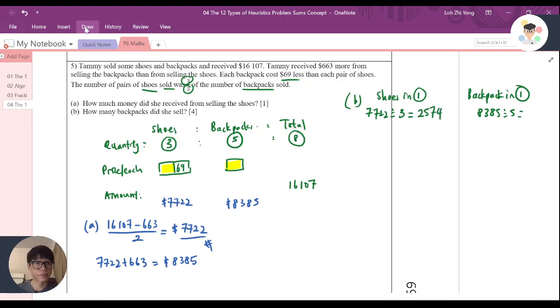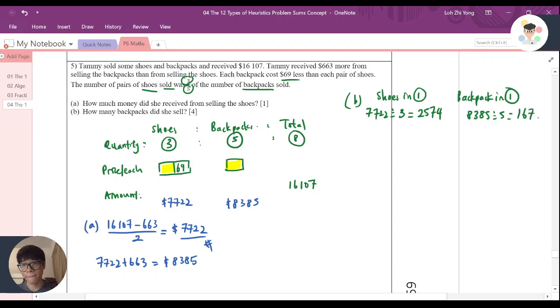Whereas for backpack, 8385 divided by 5 will be 1677. Now these two values are in 1 unit. Here is 3, here is 5, right? It's in 1 unit now.